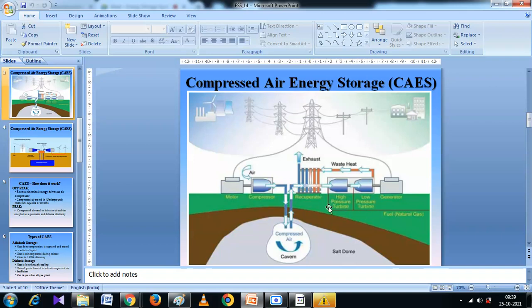To increase the efficiency of the system, we use two turbines here. One is high pressure and another is low pressure. In the case of the compressor also, you can use two compressors, and by that you can increase the system efficiency.